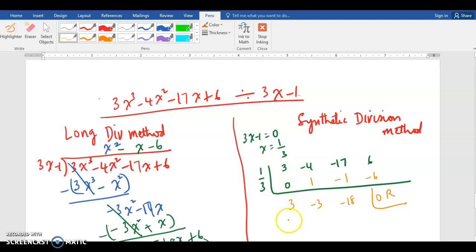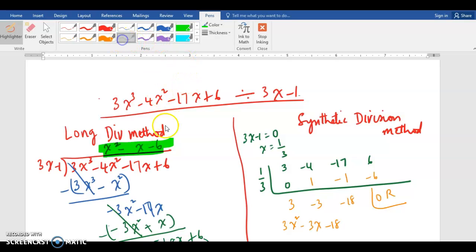And if you have to actually build the answer right now, it'll be 3x squared minus 3x minus 18. That is the quotient I got from synthetic division, but the quotient from here is a different one. How so? Just pause the video and see it.